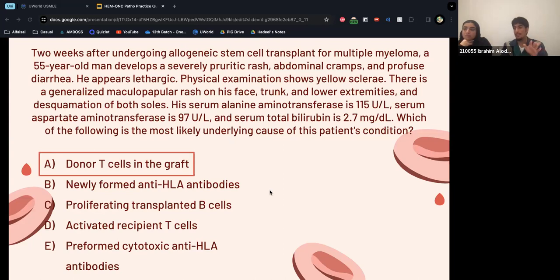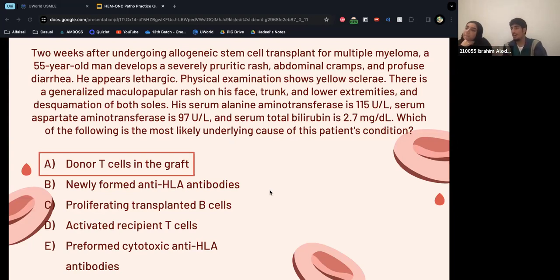Doesn't even have to be super medical. Cytokines released by T cells. Okay. What else? Donor T cells attack the recipient. Perfect. Exactly. That's verbatim what I was looking for.